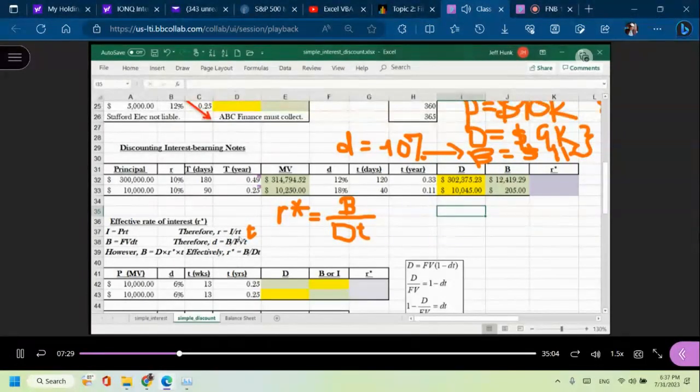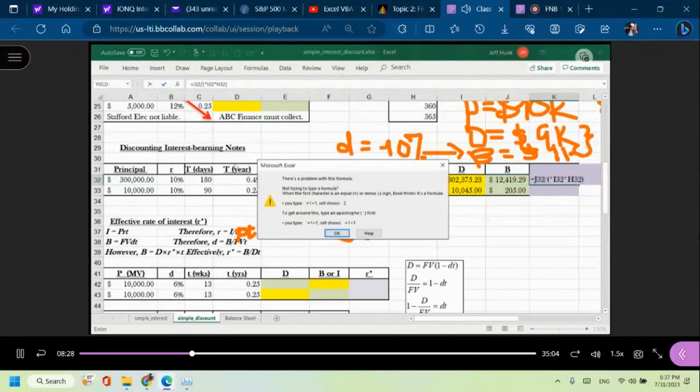So it's actually P. Using that formula, let's find the effective interest rate, which is B over, and you must not forget this parenthesis. Hit enter.